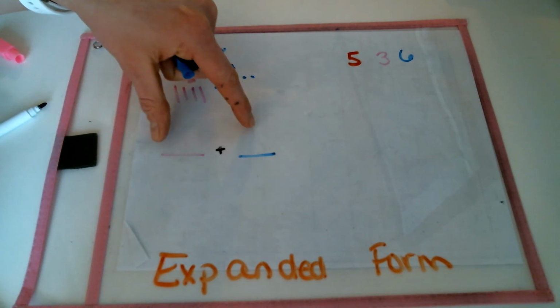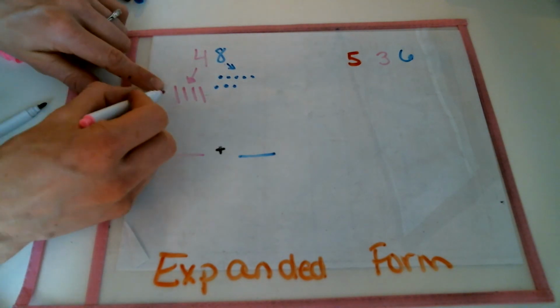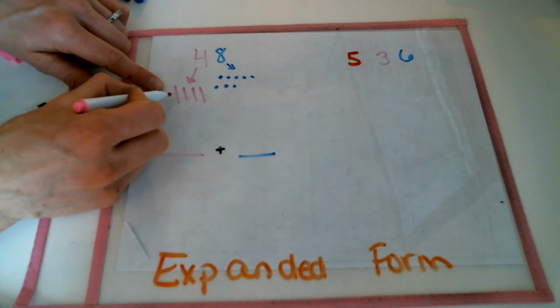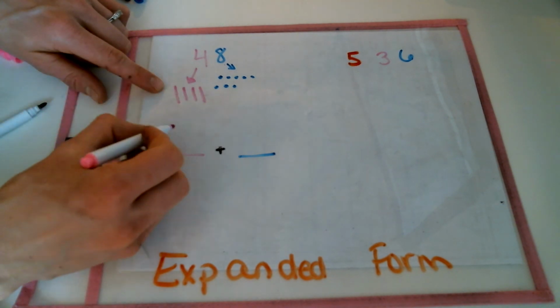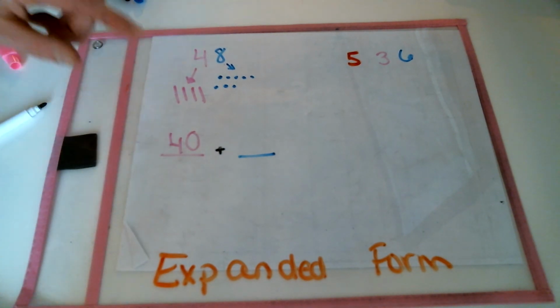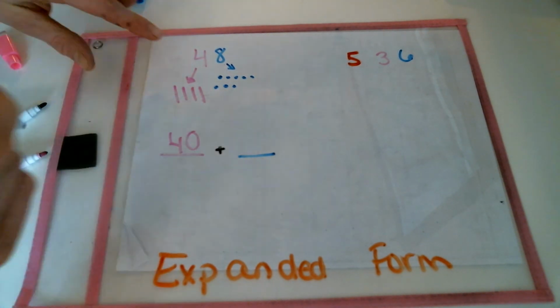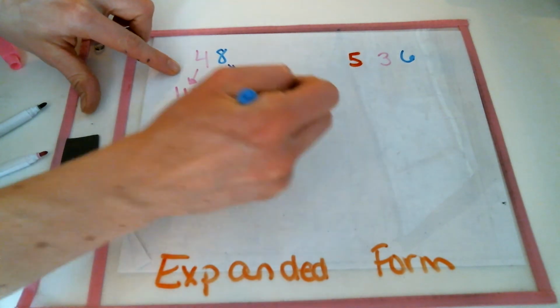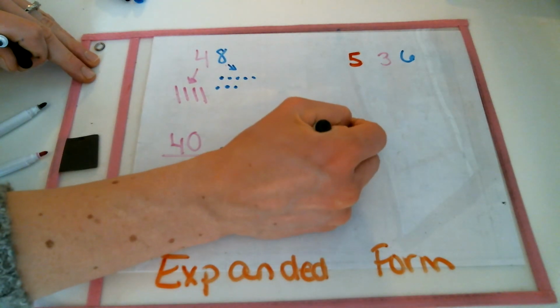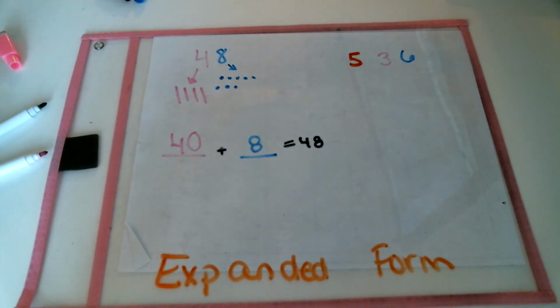Because I'm looking for the sum of the parts. So I have 1, 2, 3, 4, 10 sticks. That's also the same as counting by 10, 20, 30, 40. Okay, I have 4 tens, or I have 40. And then my ones, I have 8. Put 40 plus 8 together, and you still have 48.